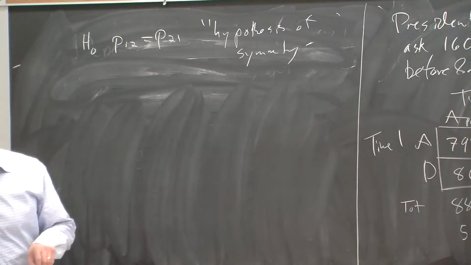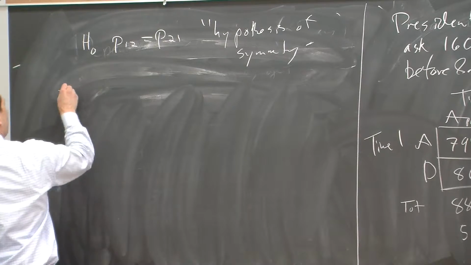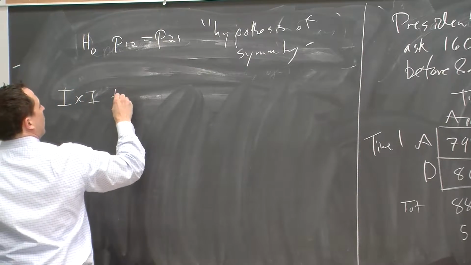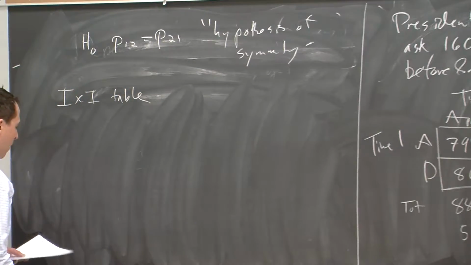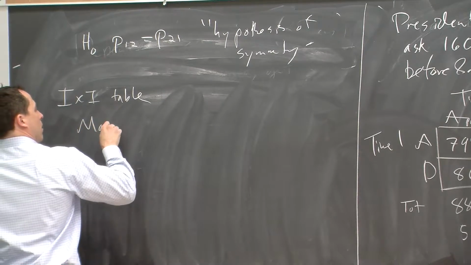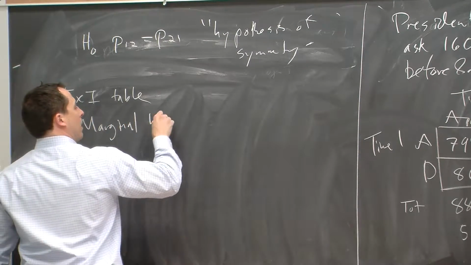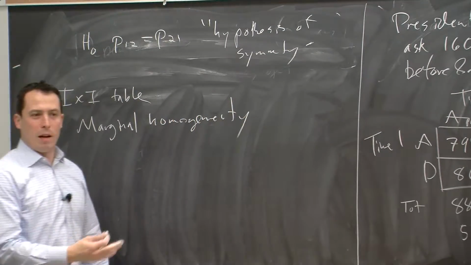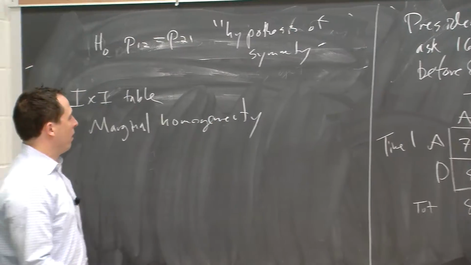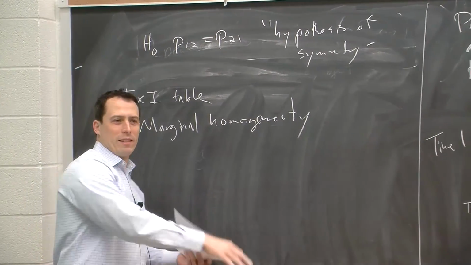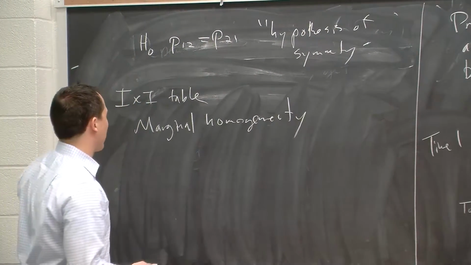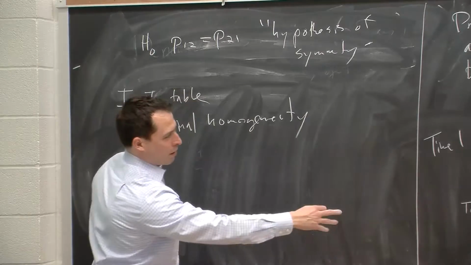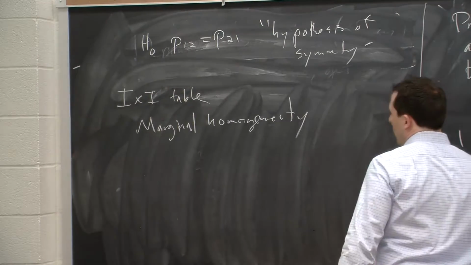Now, what if I had a bigger table? If I have an I by I table, say I is equal to 4, and I look at marginal homogeneity, I put things into 4 categories, you know, strong approval, weak approval, weak disapproval, strong disapproval, say.